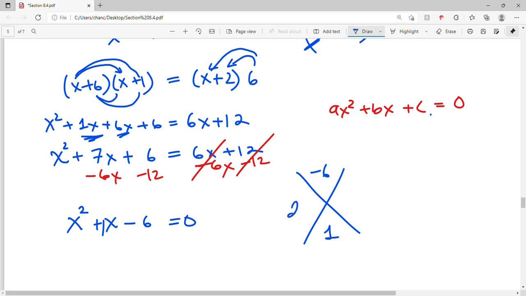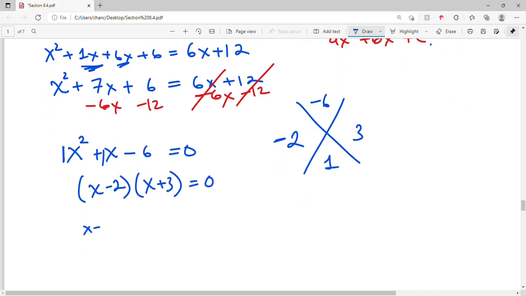It's going to be a 2 and a 3, but it's a negative 2. That's the correct two numbers. Negative 2 times 3 is negative 6, and it does add up to get 1. There is no leading coefficient besides a 1, so this is easy to factor. It's x minus 2 times x plus 3 equals 0.